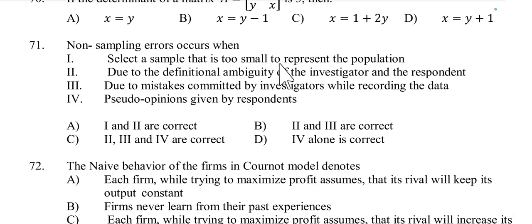So this is a sampling error, not a non-sampling error, because here the sample size is too small. Sampling error occurs because the sample is not perfectly representative of the population.